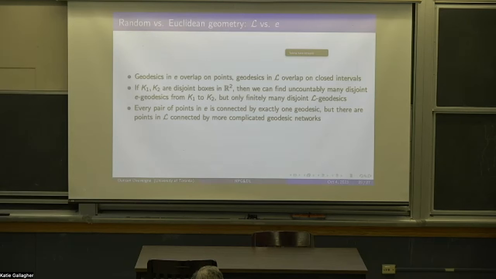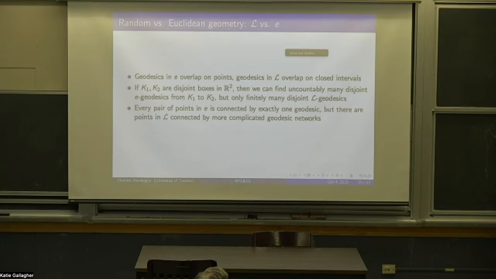Okay, so now going back to the previous board. We said there are points in L connected by up to 9 geodesics. And so you could try to do a full classification of these types of exceptional points. You could ask, for example, can you have two points in L, P and Q, connected by 2 geodesics like this?